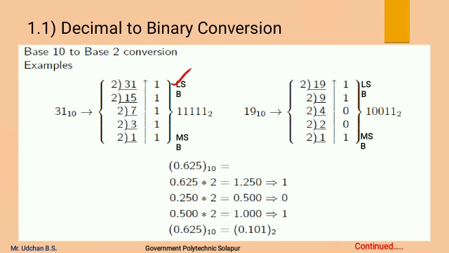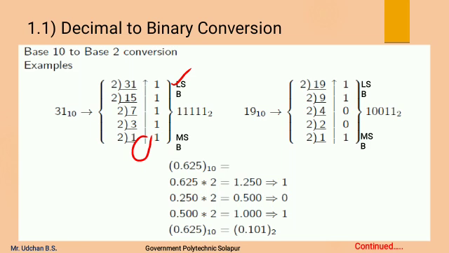Perform the successive division till the dividend becomes less than the divisor. In this example, at the end, the dividend becomes 1, which is less than the divisor.